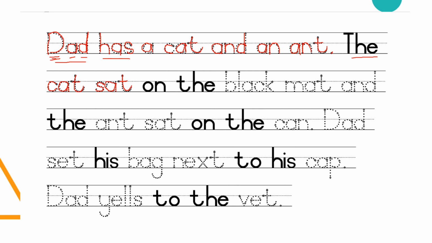The cat sat on the, here we have a b sound, l, a, and we know that this curvy k and a kicking k make one sound, k. So it's b, l, a, k, black.